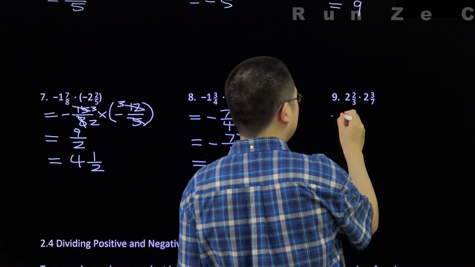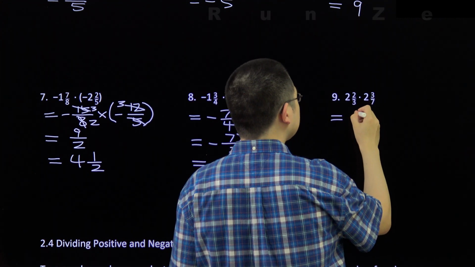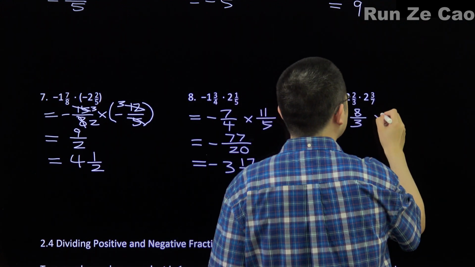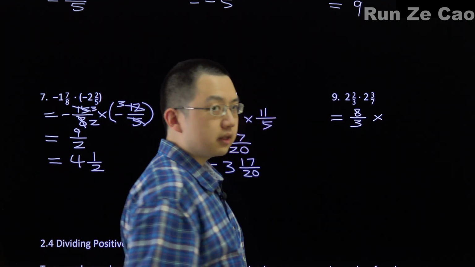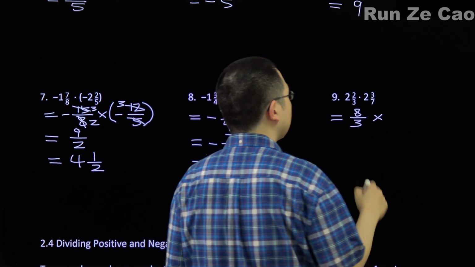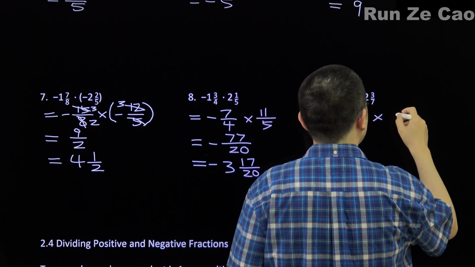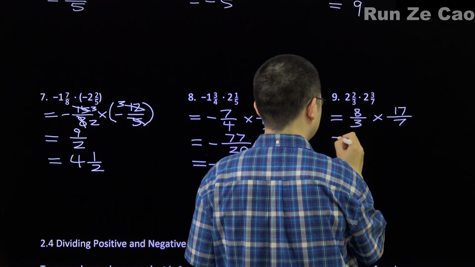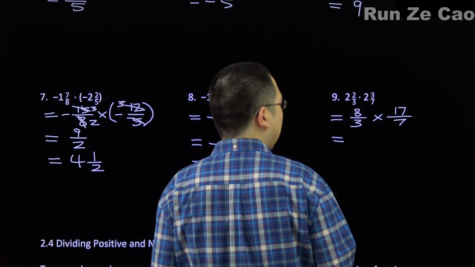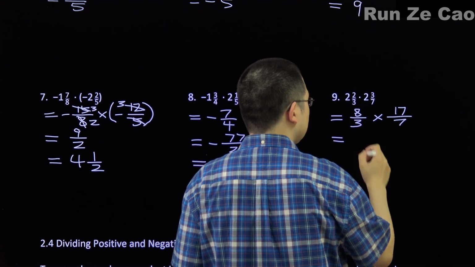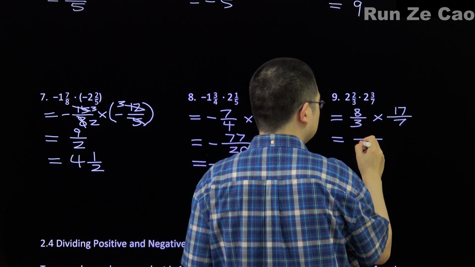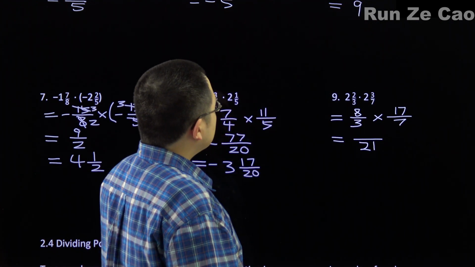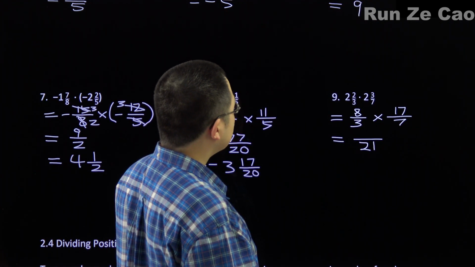2 and 2/3. Well, that's going to be 8/3 times 2 and 3/7. 2 times 7 is 14, plus 3 is 17/7. There's nothing here to cancel, so we're stuck with, on the denominator, 3 times 7, which is 21. 8 times 17.